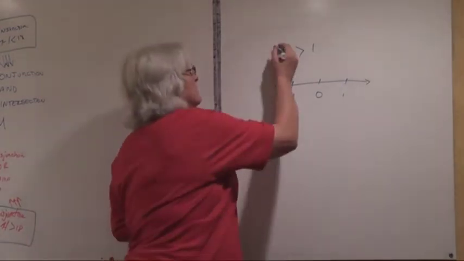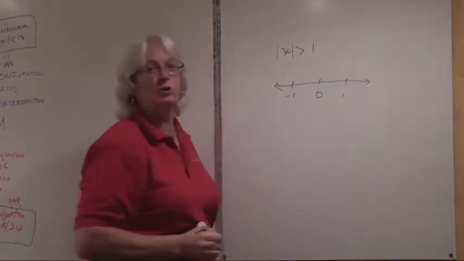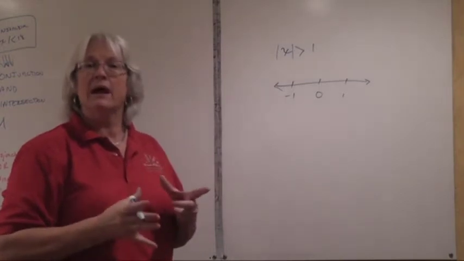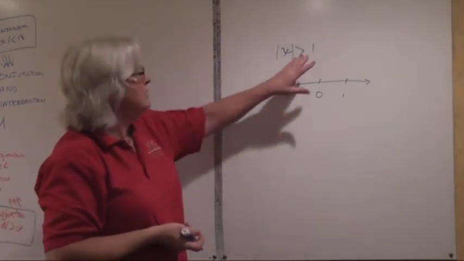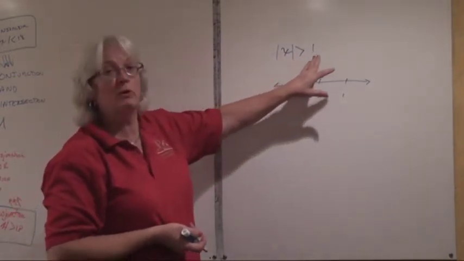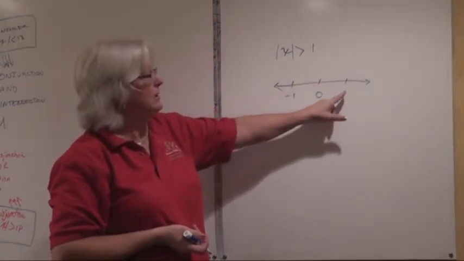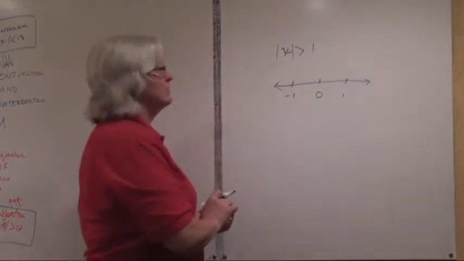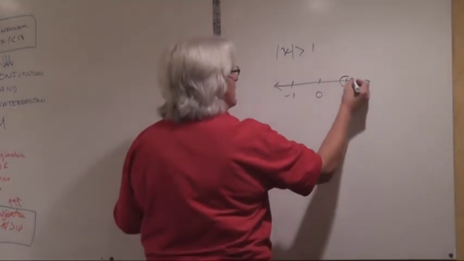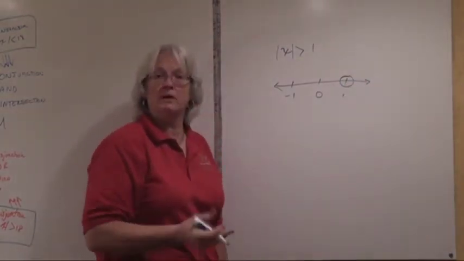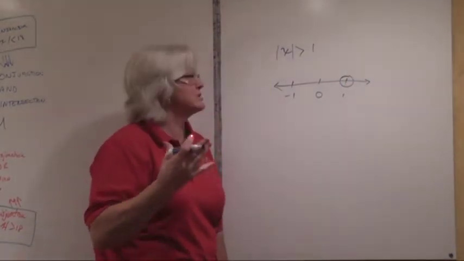This says the absolute value of x, or the distance from 0, has to be greater than 1. That means not until you get out here to the right of 1. I don't include the 1 because it doesn't say greater than or equal. It just says greater than 1.